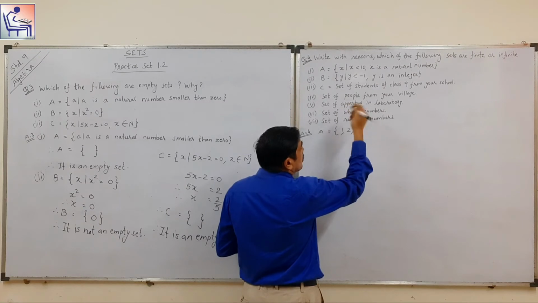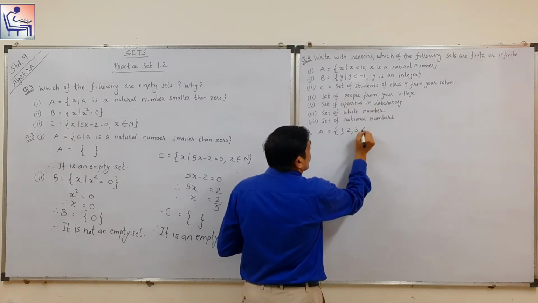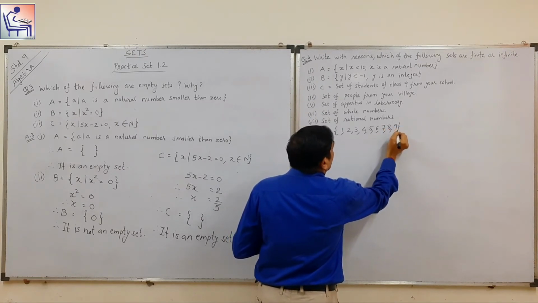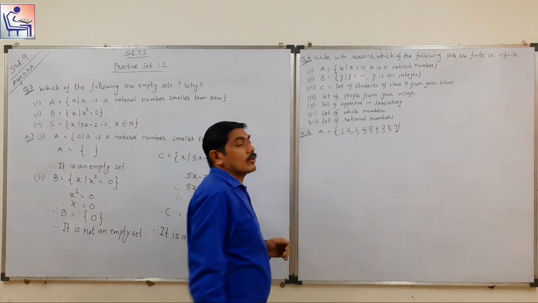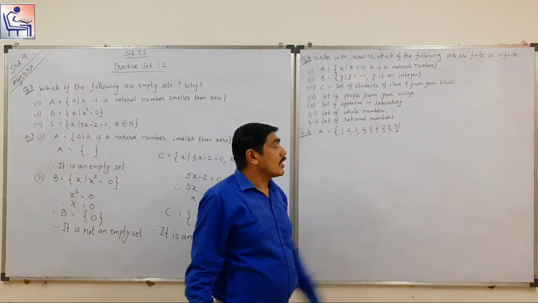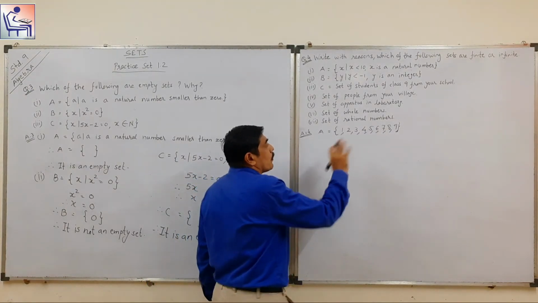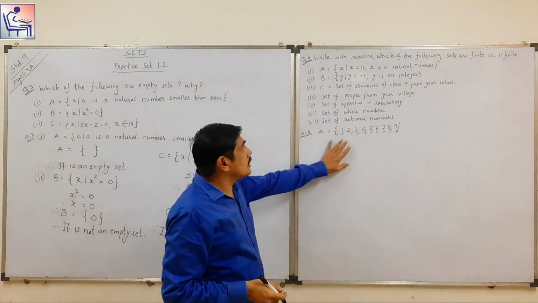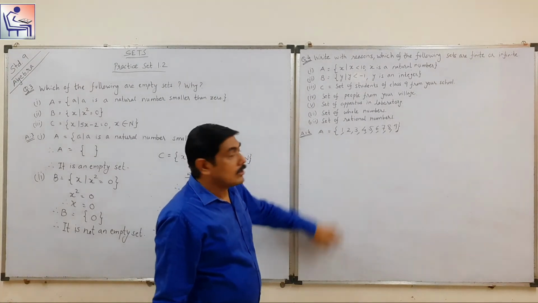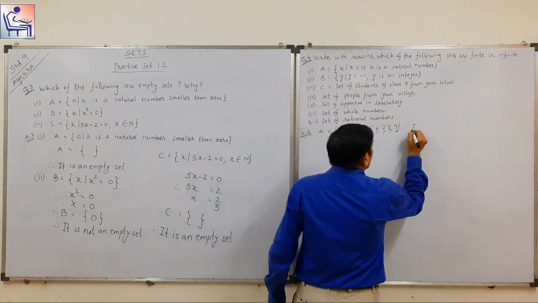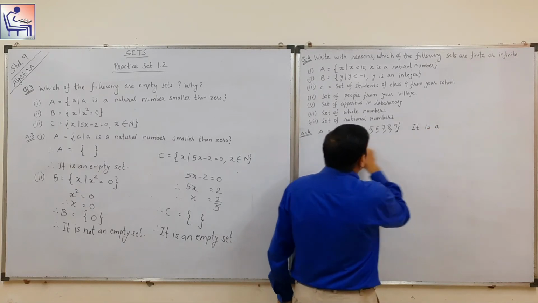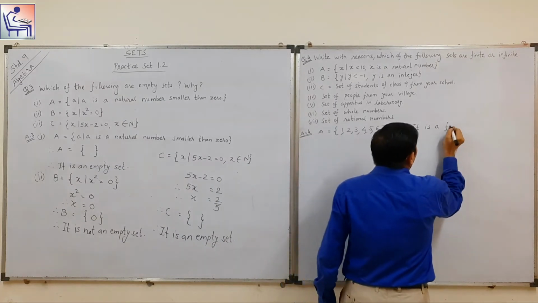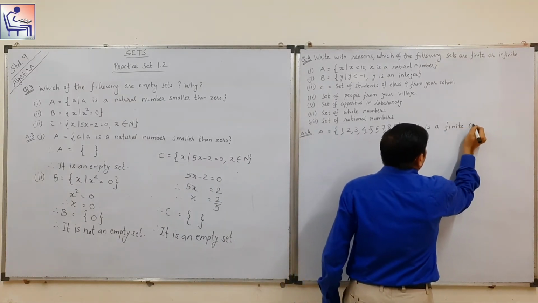Natural numbers start from 1, 2, 3, 4, 5, 6, 7, 8, 9, and beyond 9 we cannot write, because it is less than 10. So our elements will be 1, 2, 3, 4, 5, 6, 7, 8, 9, and we can say that it is a finite set, because the counting of elements comes to an end.